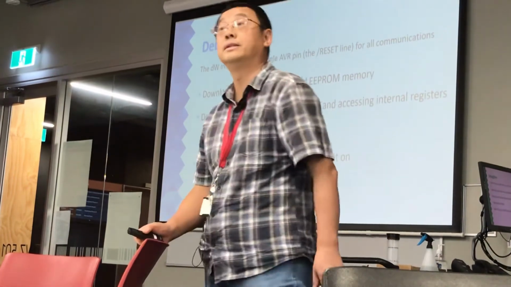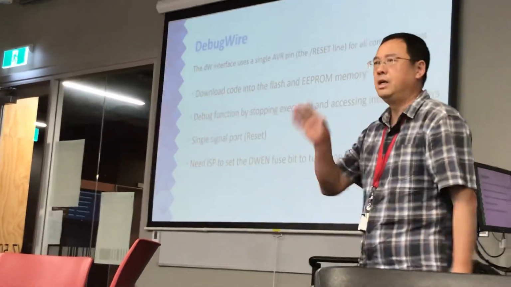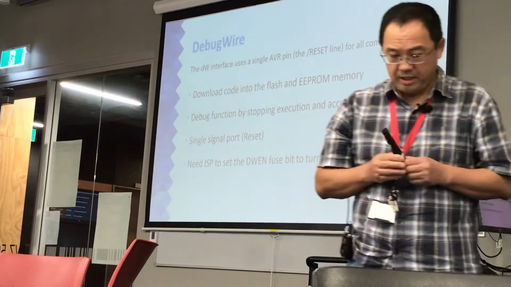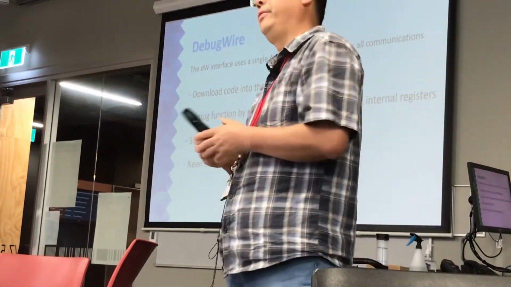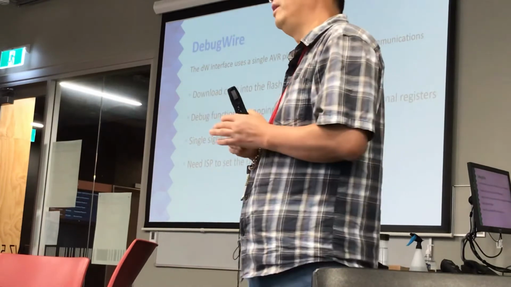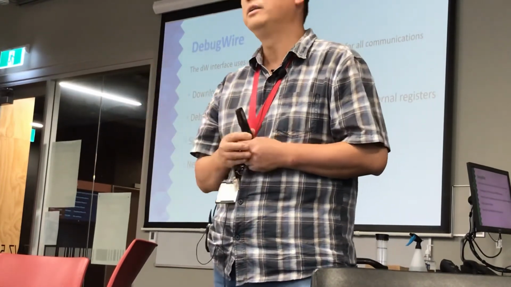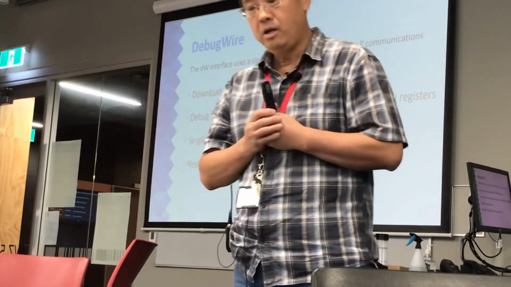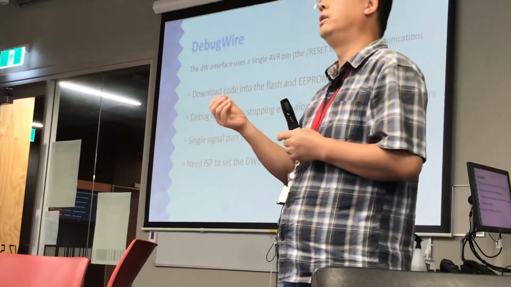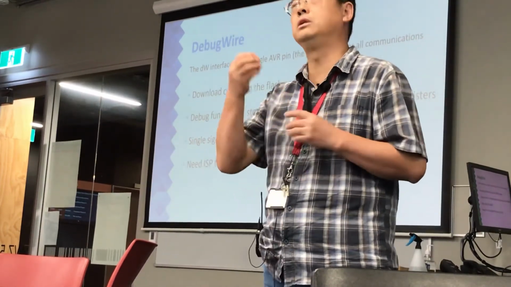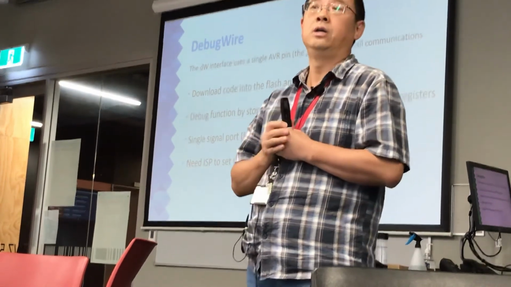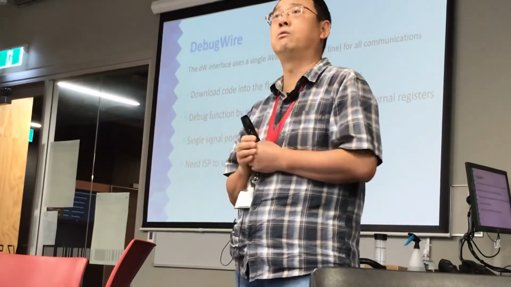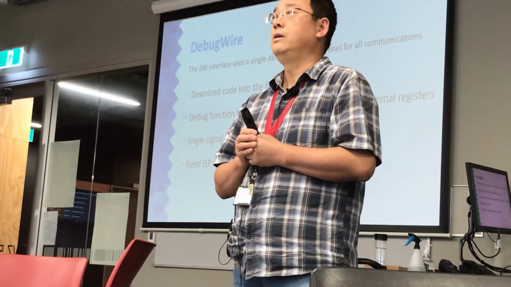Debugging wire, that's the last one. I said the low level microcontrollers normally use the ISP, and the middle level microcontrollers use the JTAG. But these days, we do want to use low level microcontrollers doing some jobs, and we also want debugging to sort out troubleshooting of the program.